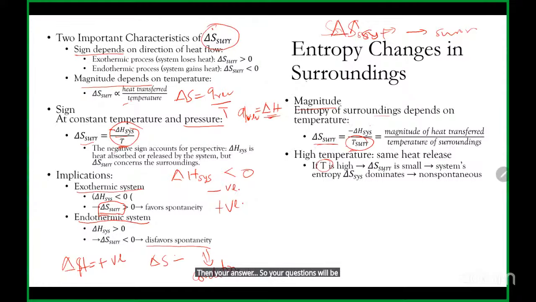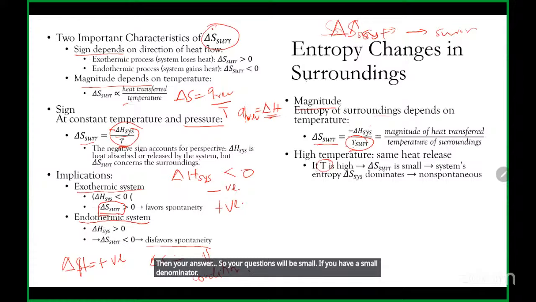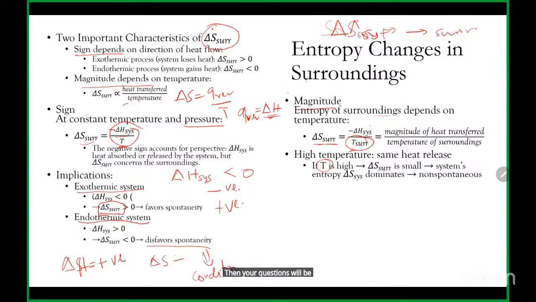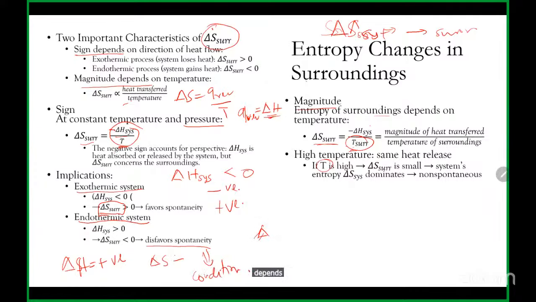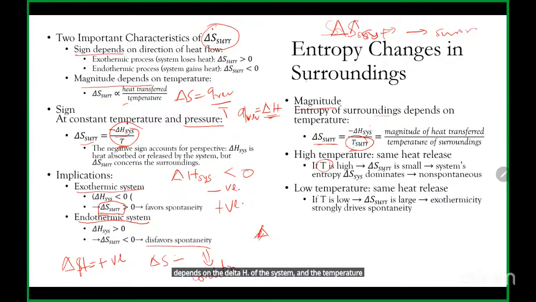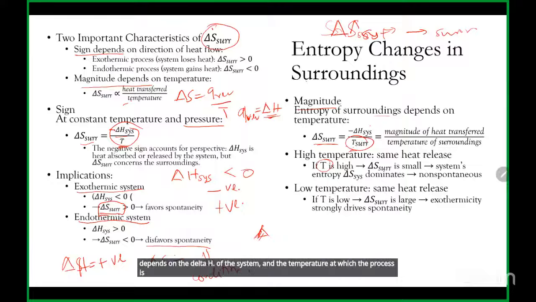If you have a small denominator, then your quotient will be large. So the entropy of the surroundings depends on the delta H of the system and the temperature at which the process is taking place.